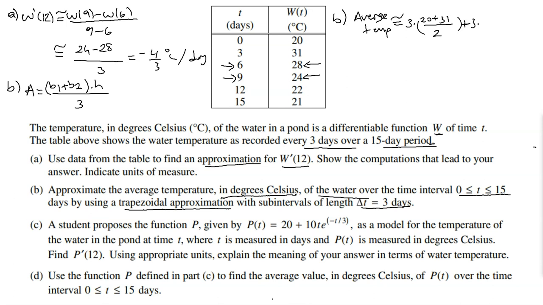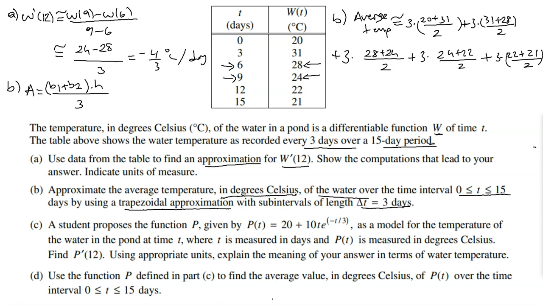So 3 times 31 plus 28 over 2, and plus 3 times 28 plus 24 divided by 2, and plus 3 times 24 plus 22 divided by 2, and plus the last one, 3 times 22 plus 21 divided by 2.